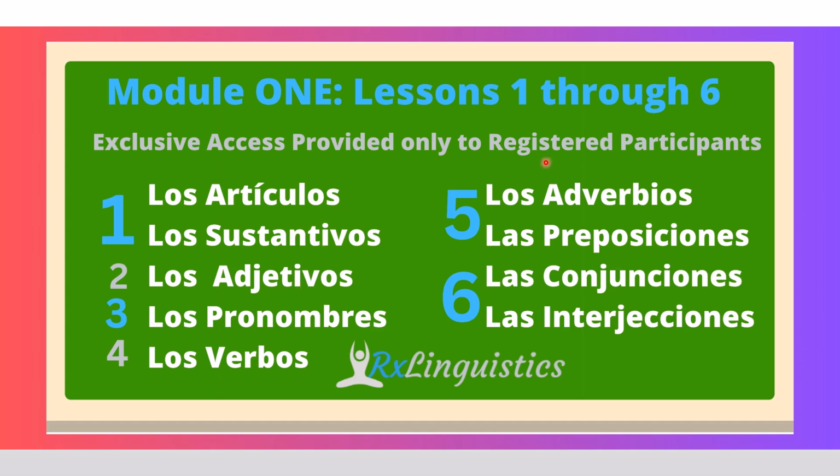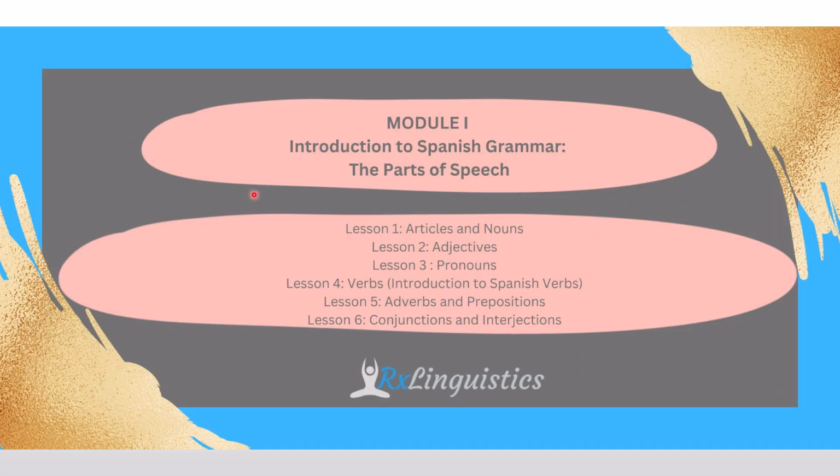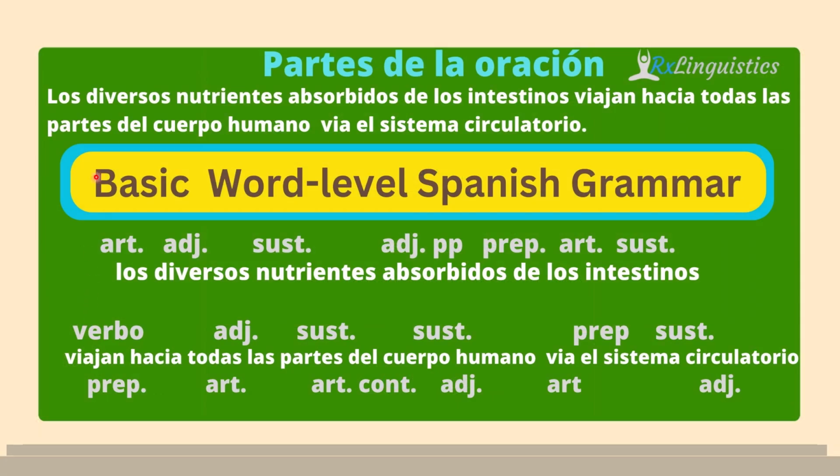After that, there will be a second part, which is building simple sentences in Spanish. So these are the same things I just said, the content of module 1. Your takeaway from module 1 is to be able to identify the different parts of speech of a sentence.